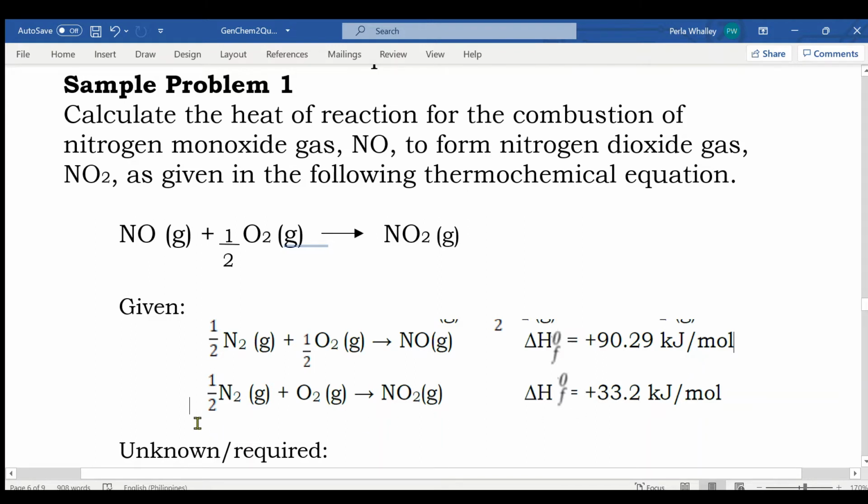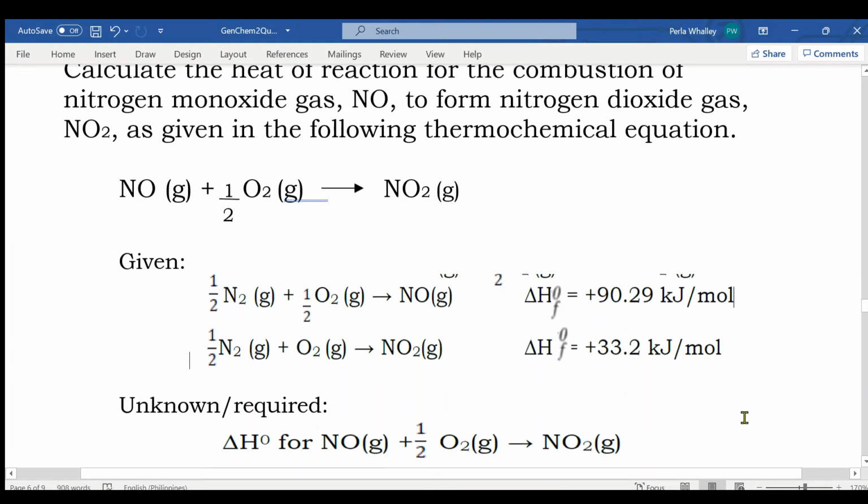The second equation is 1/2 mole of nitrogen gas plus 1 mole of oxygen gas forms 1 mole of nitrogen dioxide gas with the standard heat of formation of positive 33.2 kilojoules per mole.